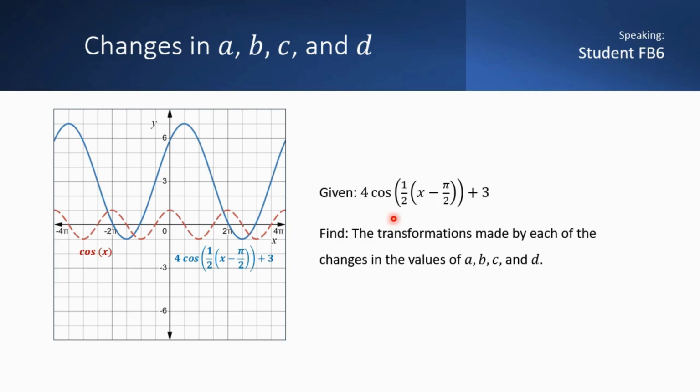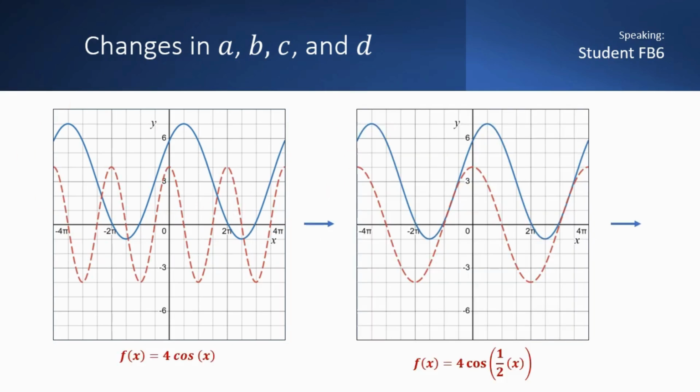We must find the transformations made by each of the changes in the values of a, b, c, and d. So let us dissect what will happen in each transformation and accumulate it all together for us to arrive from the parent function into the transformed function.